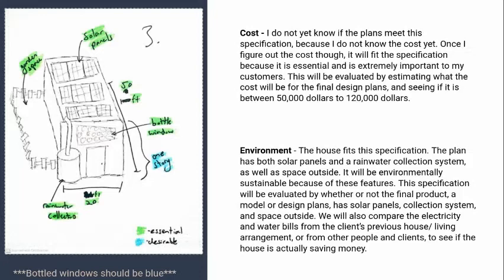So we'll see whether or not it fulfills each of these desirable specifications by making sure that the plans won't end up with the house burning down or being destroyed by rain or any other natural disasters.